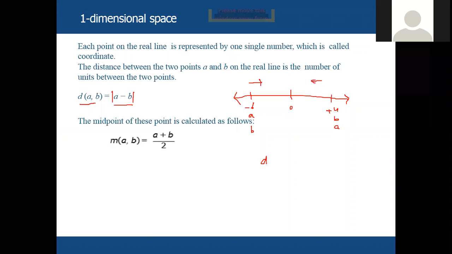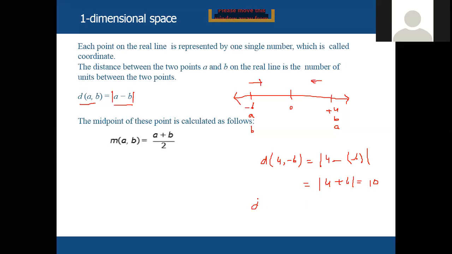So the distance between 4 and minus 6 equals what? The absolute value of 4 minus b, and b is minus 6. So 4 minus into minus is plus 6, which equals 10.